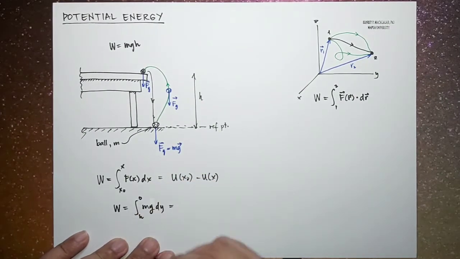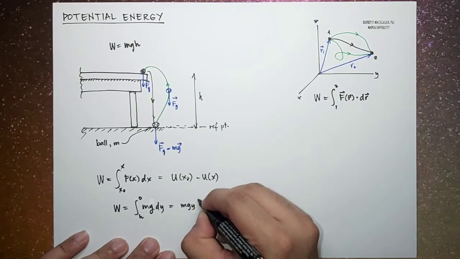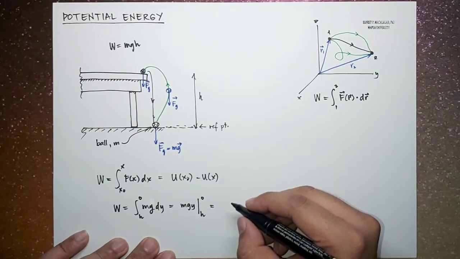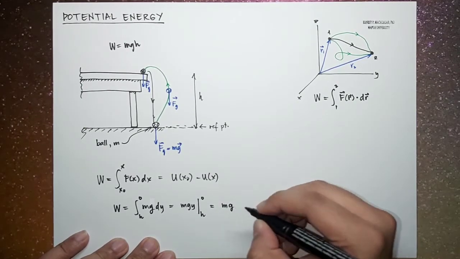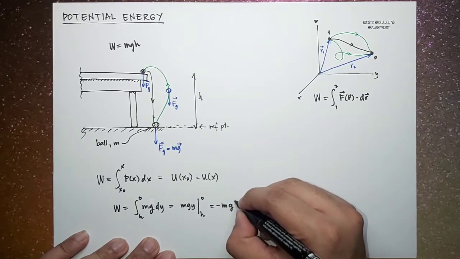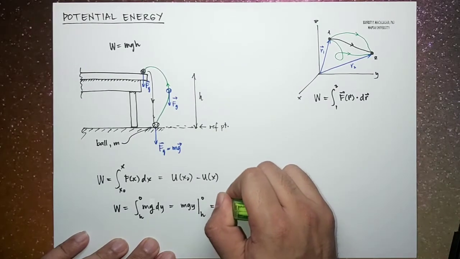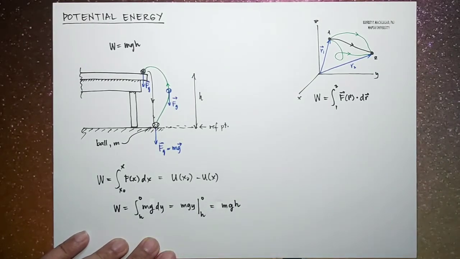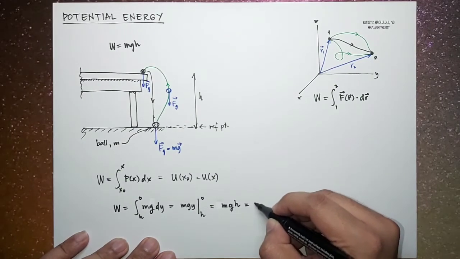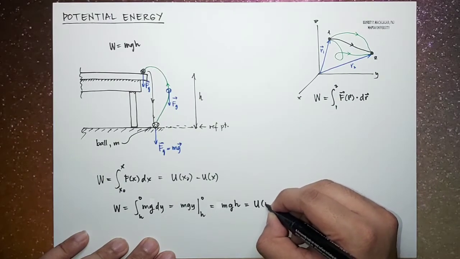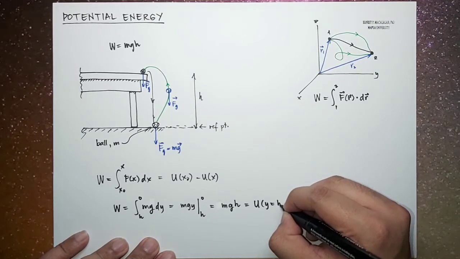When you integrate this, it becomes mgy evaluated from h to 0. Again, our reference point here is the floor. So this becomes mgh. This is now the work done by the force, which is equal to the potential energy of the particle at y equals h.